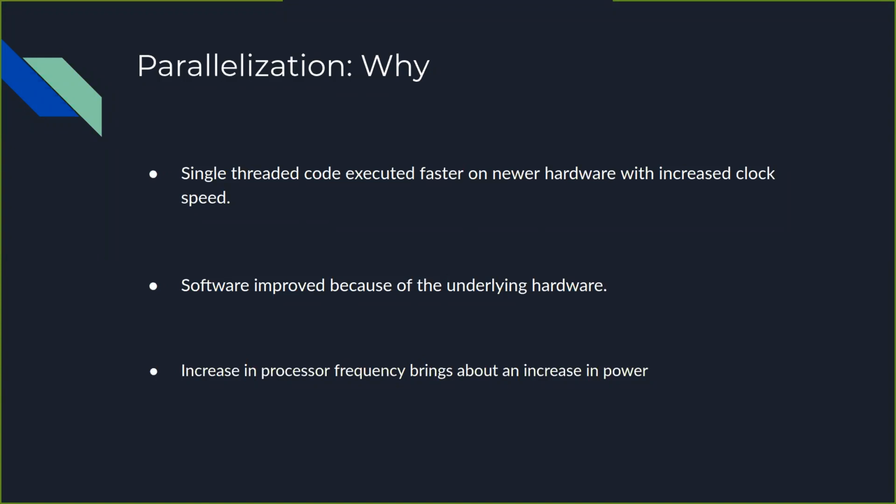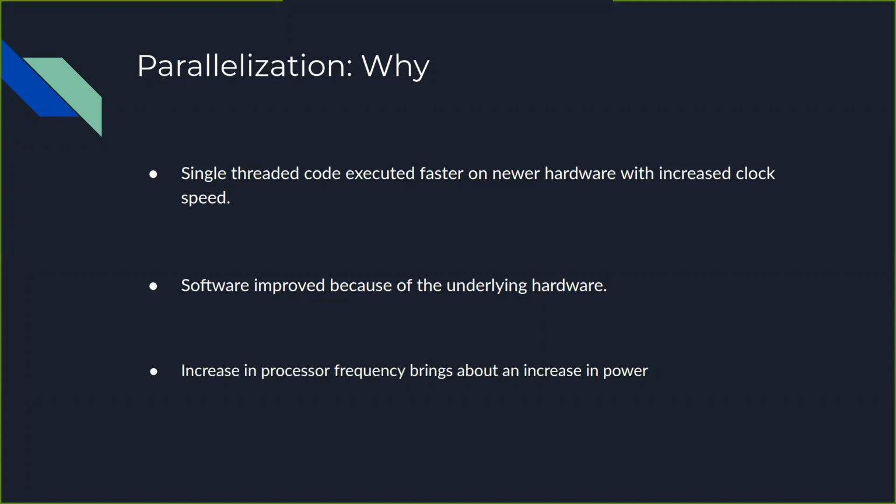Improvements in software automatically came with improvement in hardware. Software which used to run slow 2 years ago automatically ran faster because it got better hardware, with almost twice the improvement in clock speed.